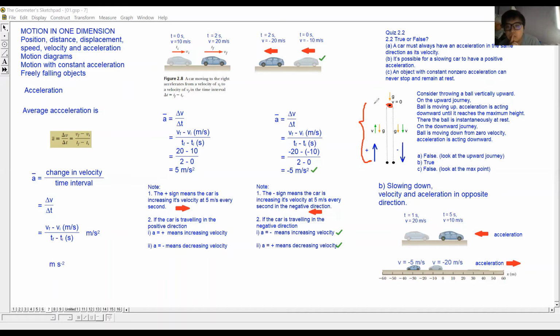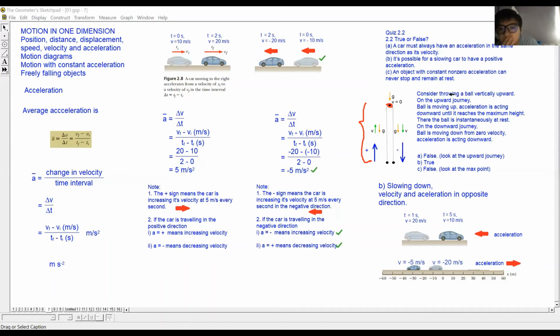It is only 0 at that particular instant, not all the time. If it were 0 all the time, the ball would be floating in the air, stopping there and not coming down. So it is 0 only for that instant. This is the upward journey of the ball.